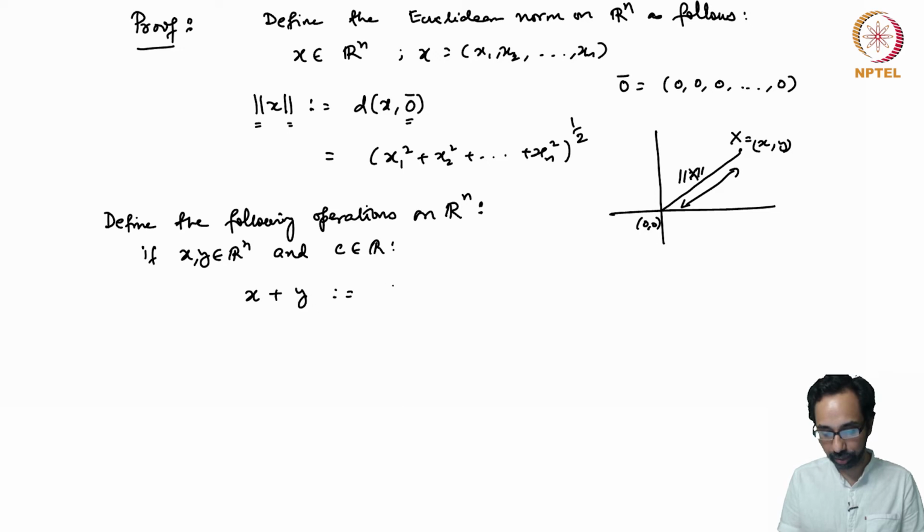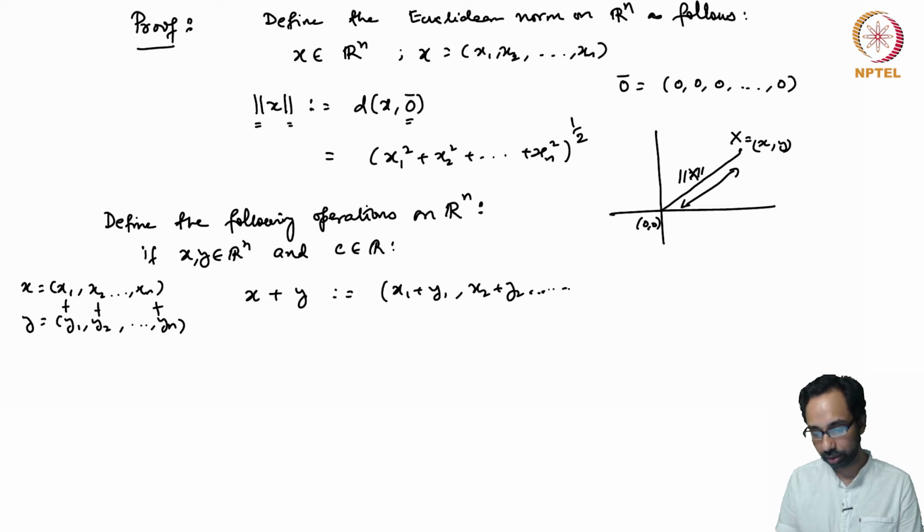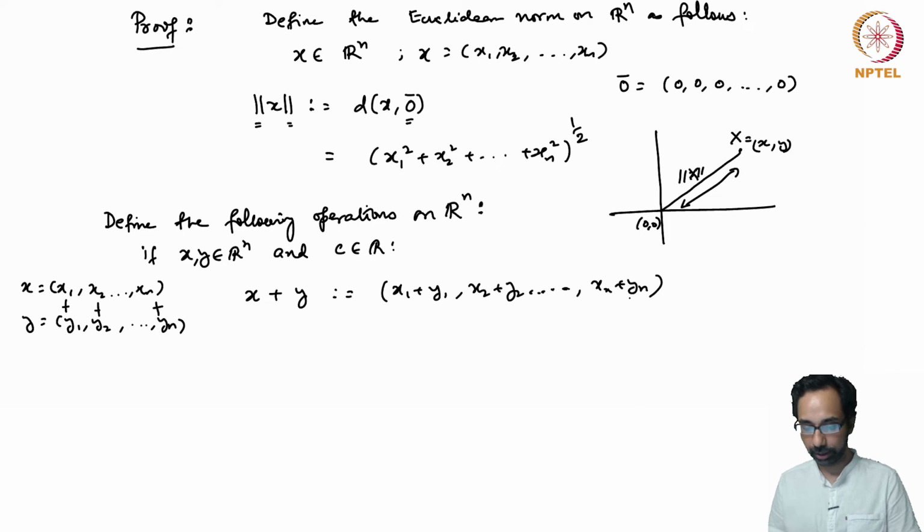Again here x and y are of the form x1, x2, up to xn, and y is y1, y2, up to yn, and so x plus y is nothing but the element-wise sums: x1 plus y1, x2 plus y2, coordinate-wise sums of the vectors x and y.